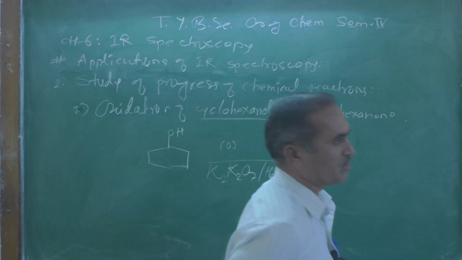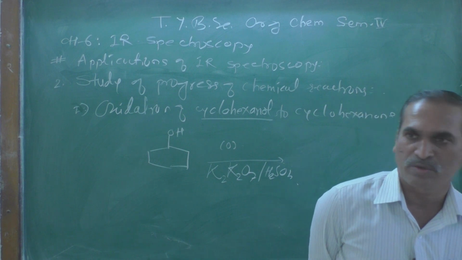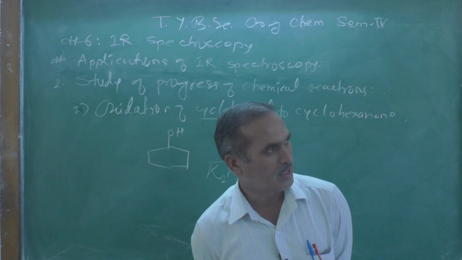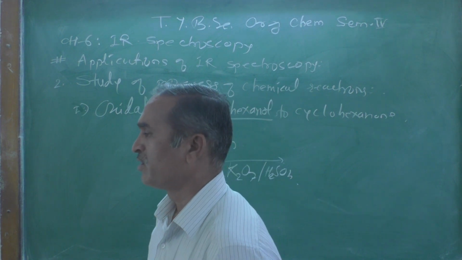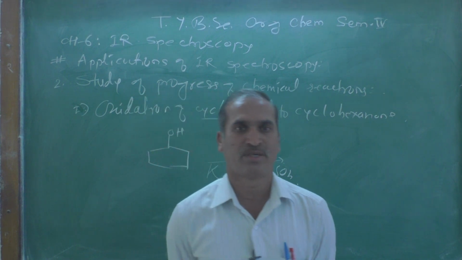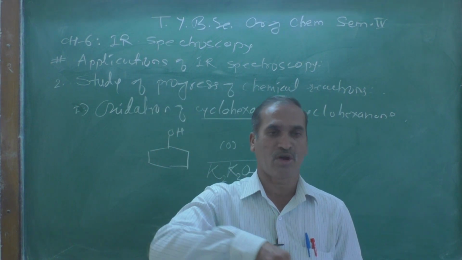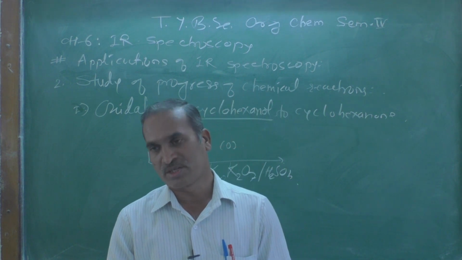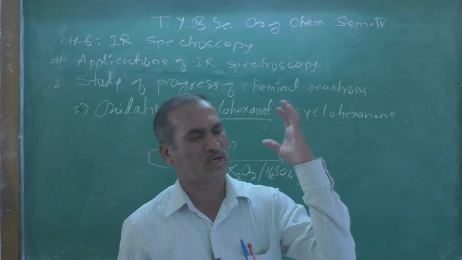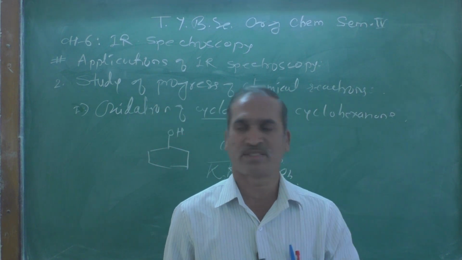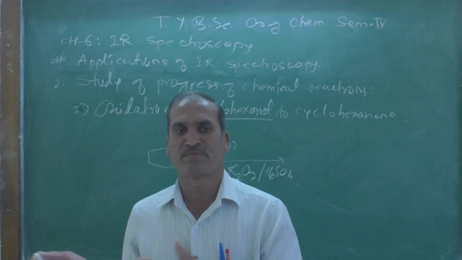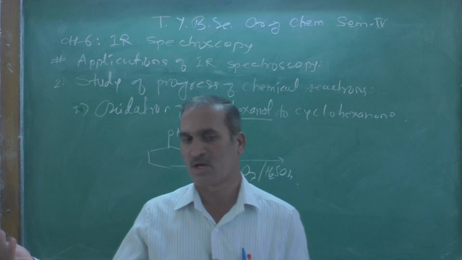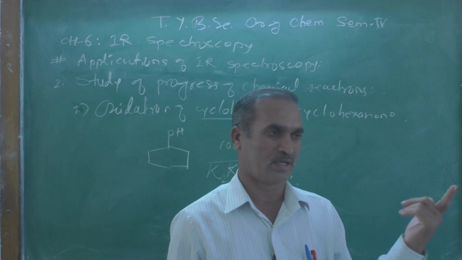The definition of oxidation in organic chemistry is that removal of hydrogen atoms is termed an oxidation reaction, whereas addition of hydrogen atoms is termed a reduction reaction. There are different oxidizing and reducing reagents, and with them we can convert one functional group into another.